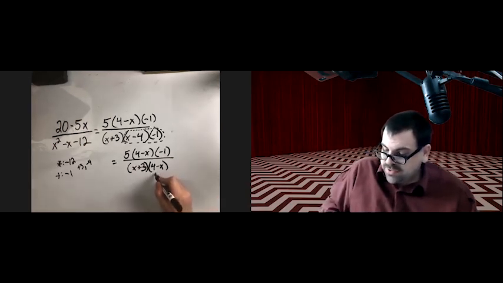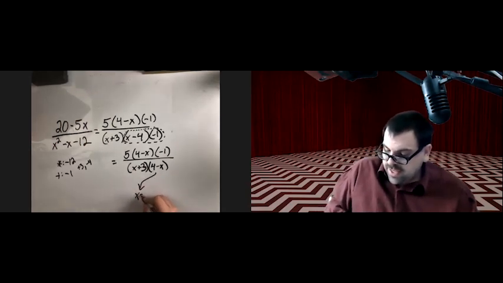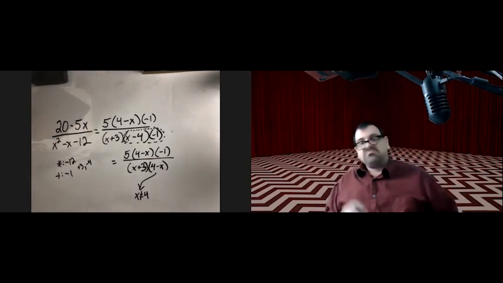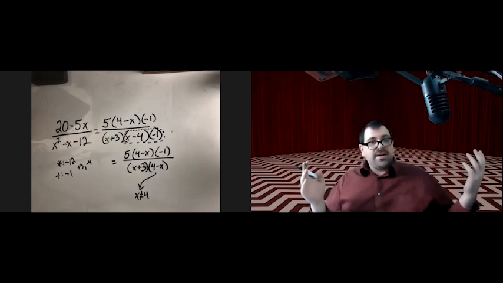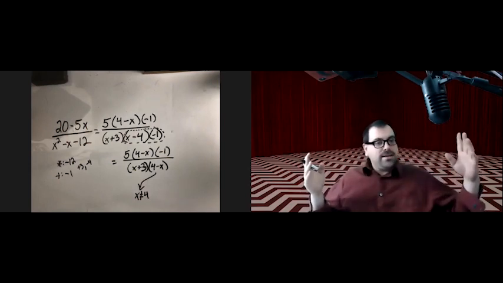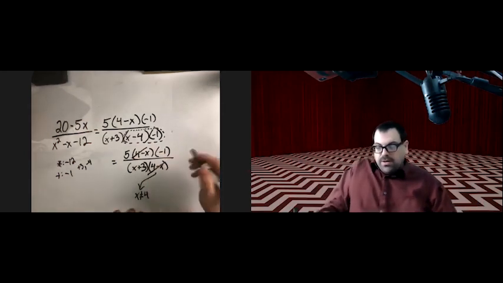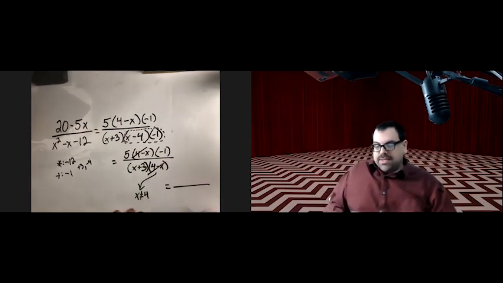From here, I'm going to lose some information, that x can't be 4. So I'll make a note of that. Or not, I'm not being explicitly asked. Don't make a big deal about having to have that part. The important part is the simplified answer.